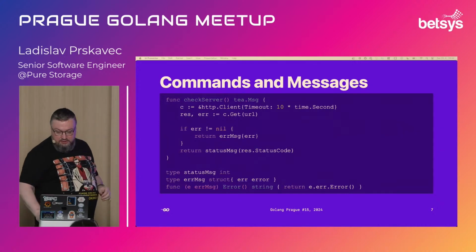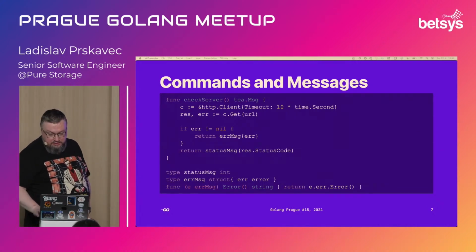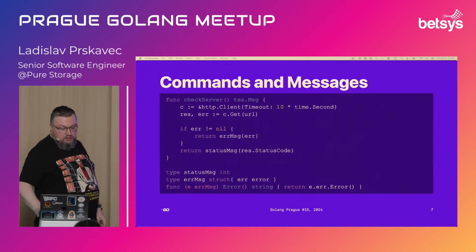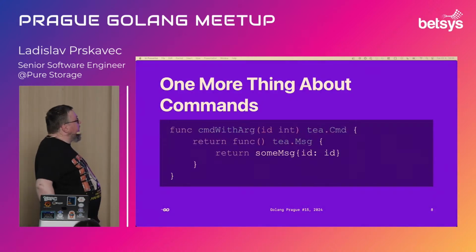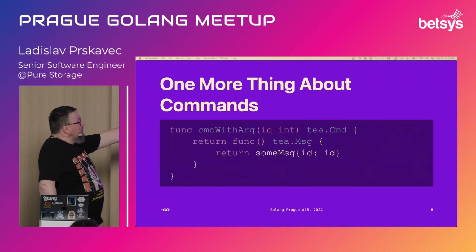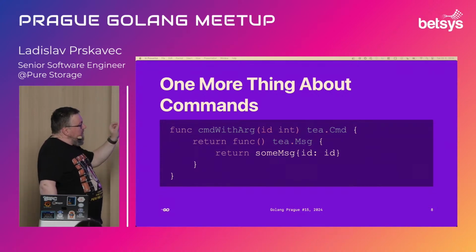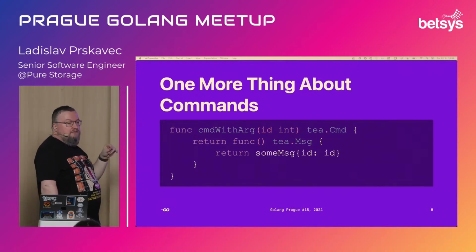It's quite strange that you need to wrap everything. You have to wrap it in a function to work with commands, but it's not super complicated, and that interface is strict.